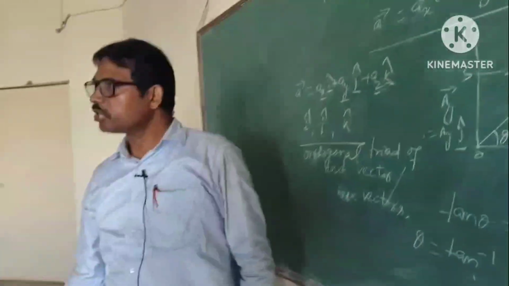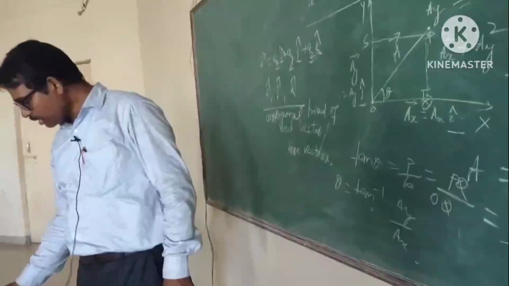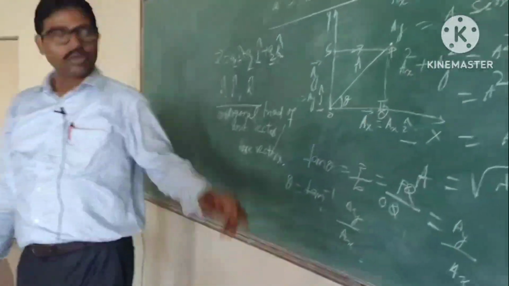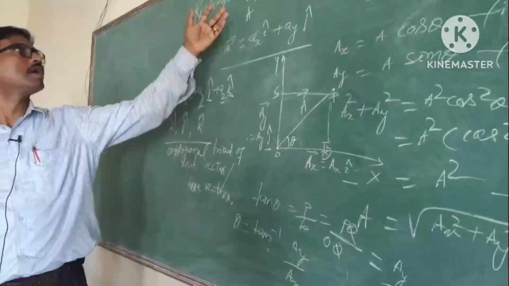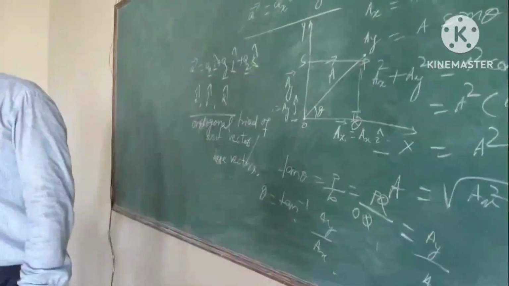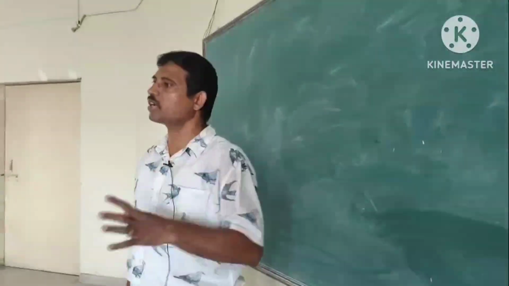If it is split into two or more vectors, it is known as resolution and these are its components. So in this way you have to learn the rectangular components of a vector. A vector is resolved into two rectangular components.